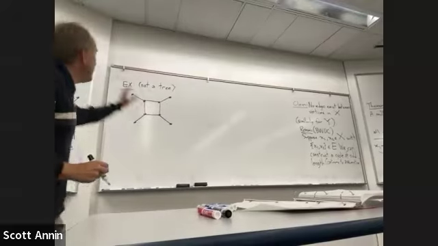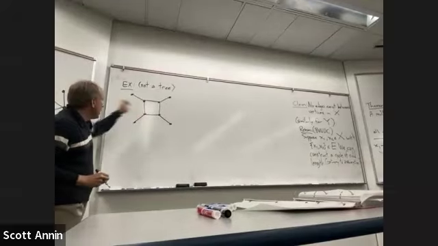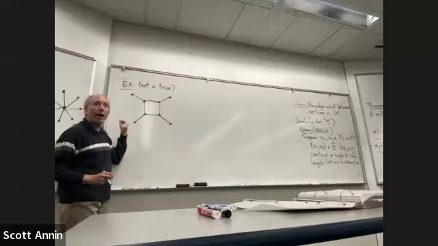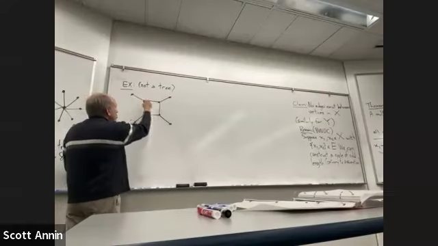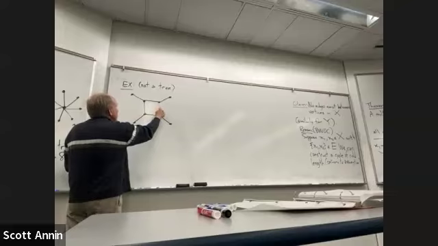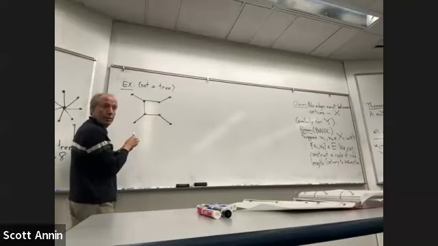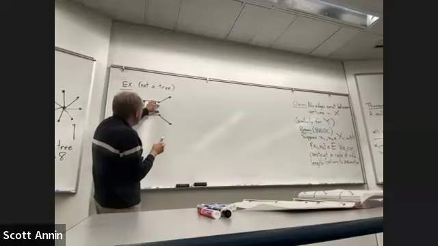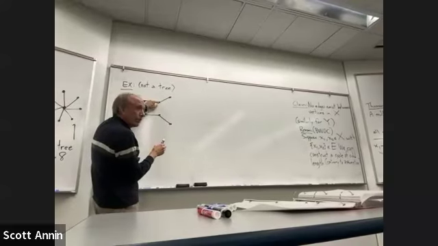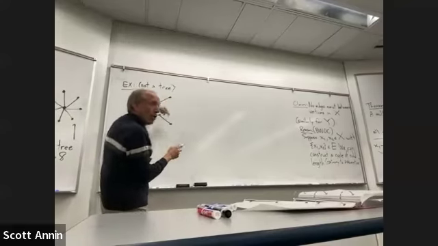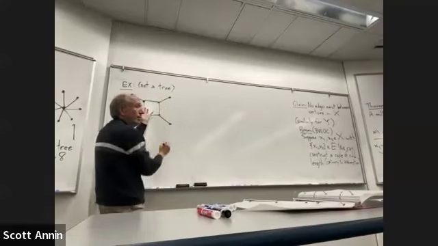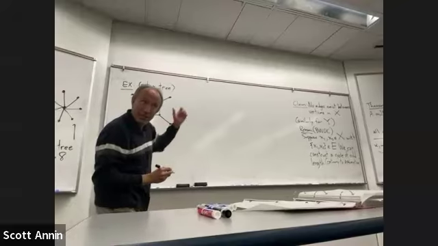And some of these edges, when I remove them, would disconnect the graph. But if I remove any of the edges that are around this square, even if I remove that edge, I can still walk from this vertex to that vertex. I just have to go the long way around. Actually, I'm going the long way around a cycle.